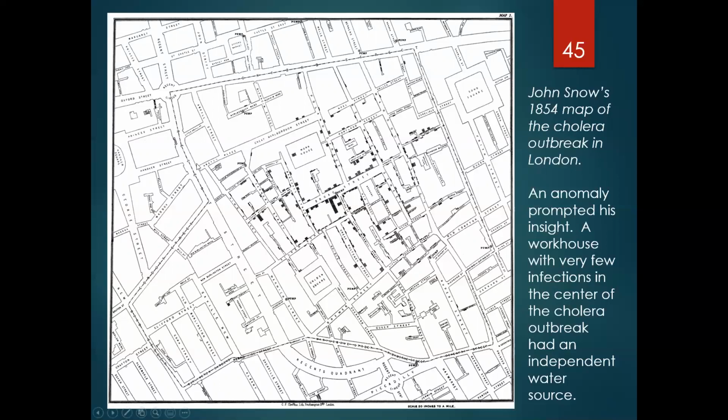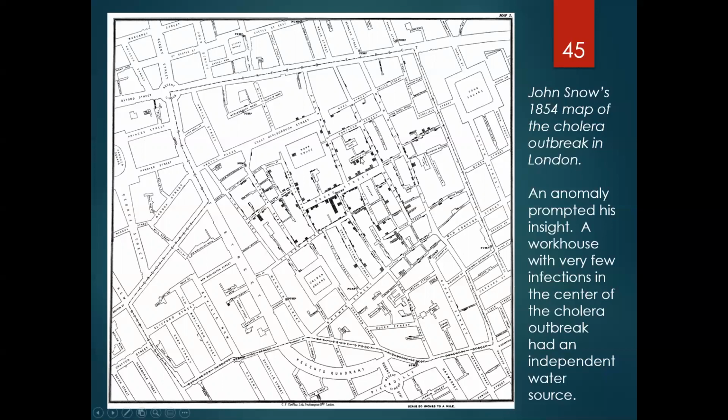So we can say that a lot of cases are found here, right here, and here, right? Generally, in this central area of the map, but we can find a pattern here.